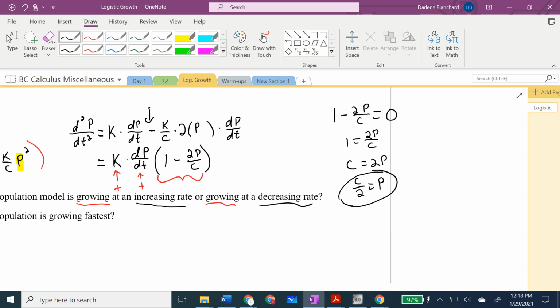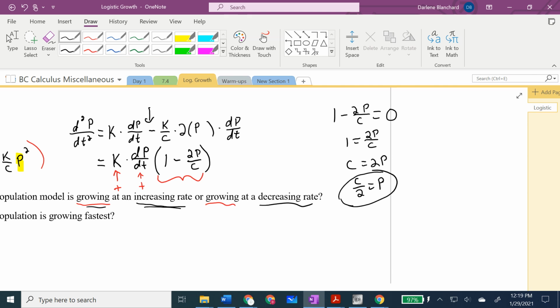Reaching half the carrying capacity is not pleasant. If you're a population, you want to be growing at an increasing rate. You know, if you begin growing at a decreasing rate, things aren't going fantastically.